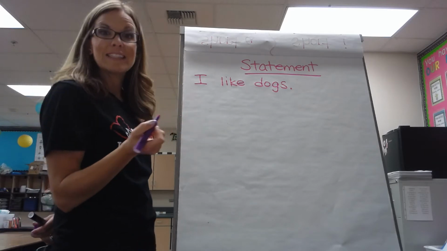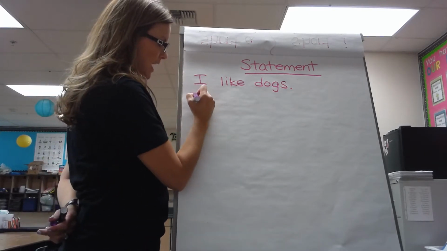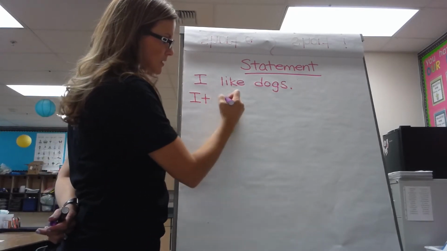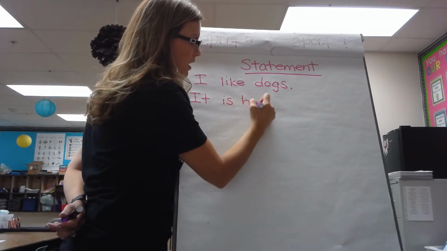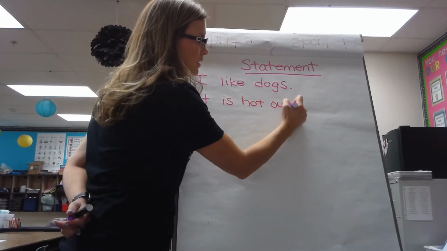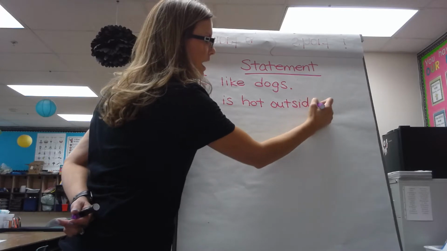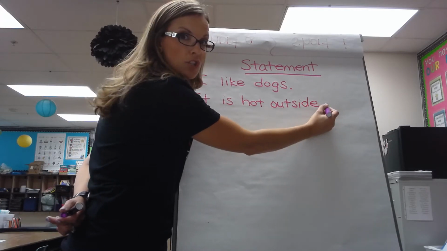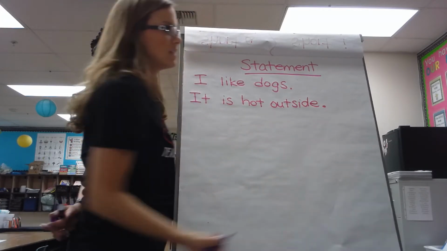So maybe I could put, it is hot outside. I need a capital letter for the beginning of my sentence. It is hot outside. I need punctuation at the end. It's a statement, so I just need a period.